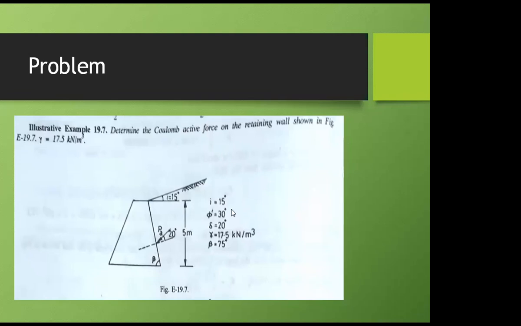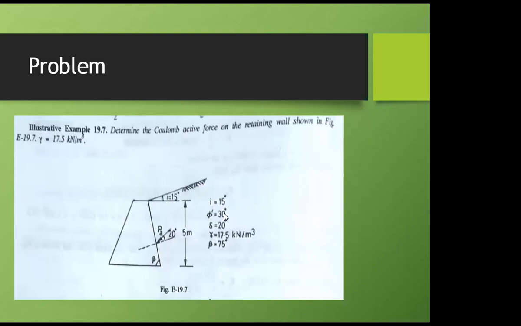Right. So, it is very important to know all these angles. All are angles only. If you see the data, there are 4 angles, so you need to understand what each angle means. I means inclination angle, which means the ground surface is making an angle of 15 degrees, the inclination made by the ground surface with the horizontal.